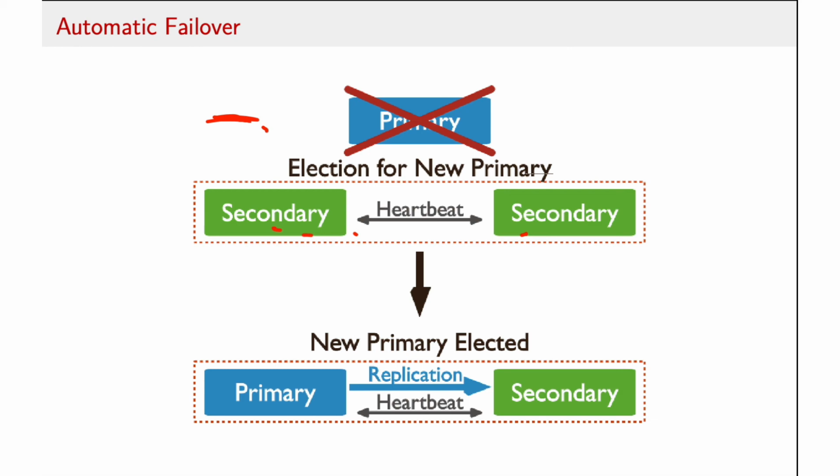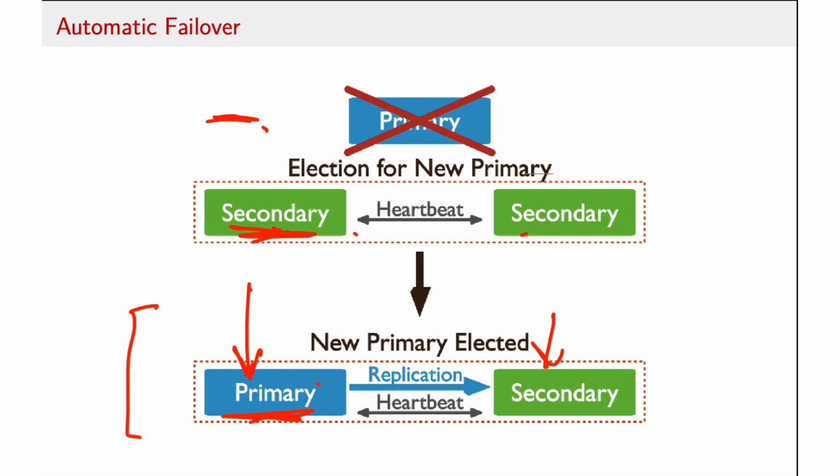They're going to trade some information back and forth according to a well-defined protocol that leads them to conclude, collectively, that one of those nodes is now going to be designated as the primary node. And that's the state we're illustrating down here. So this node, which was a secondary node, is now going to be the primary node, and all of the requests from clients are going to be redirected to it for both reads and writes, and then it will be replicating to the additional secondary node or nodes that are remaining in the replica set.